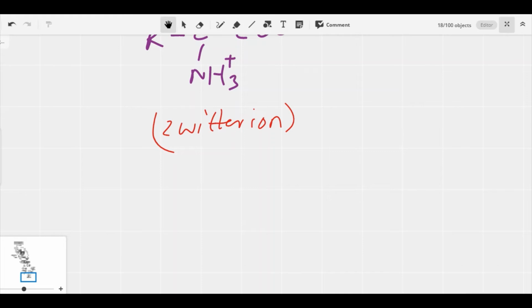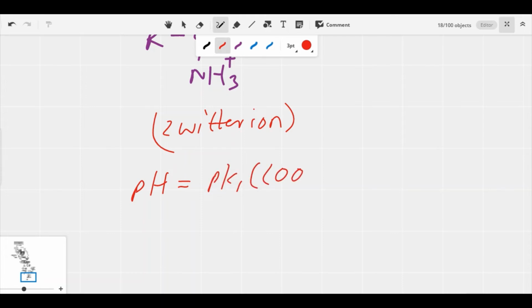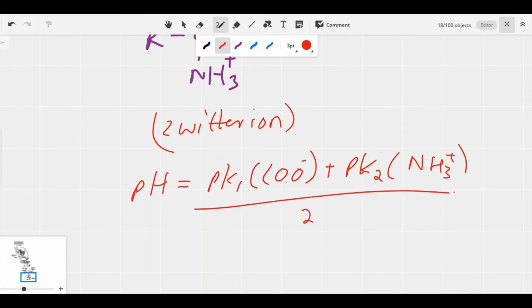Okay, and in this case you can calculate the pH of the Zwitter ion. As I said, leucine exists at pH 6. So how it will be: pH is the pKa1 of the carboxylate group plus pKa2 of the NH3 group, divided by 2.